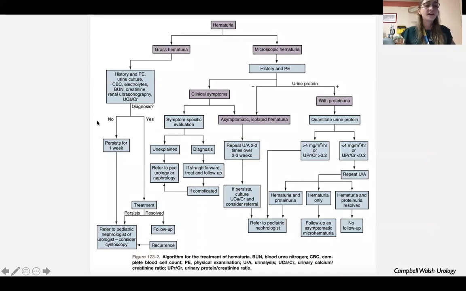So here I added 2 treatment algorithms. The first one is for Campbell-Walsh, and I won't go over the whole algorithm, but it's just to show that both Campbell-Walsh and the AUA, whose algorithm I will show next, both agree that cystoscopy should be saved for cases of persistent gross hematuria. In the case of Campbell-Walsh, they suggest it for persistent hematuria for more than a week, or recurrences.